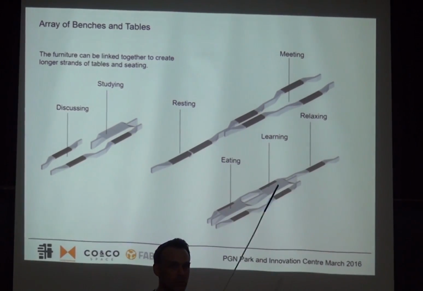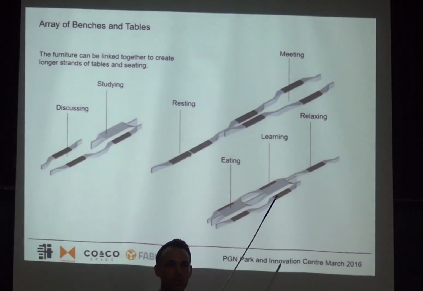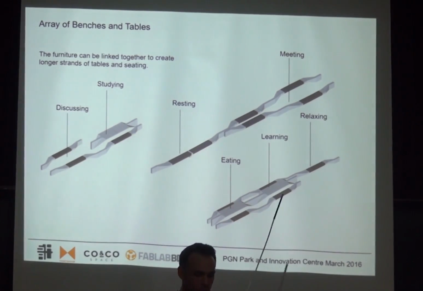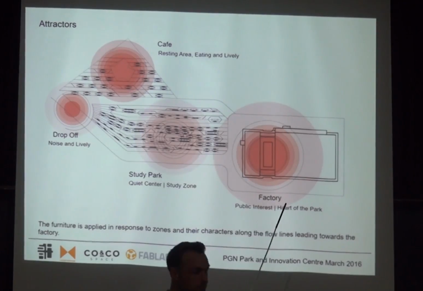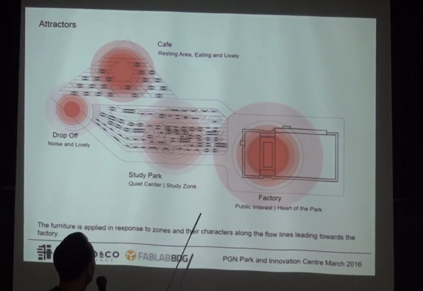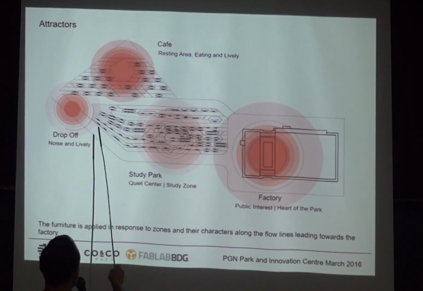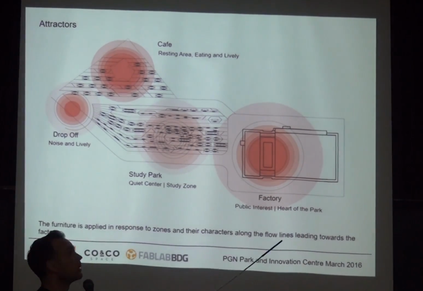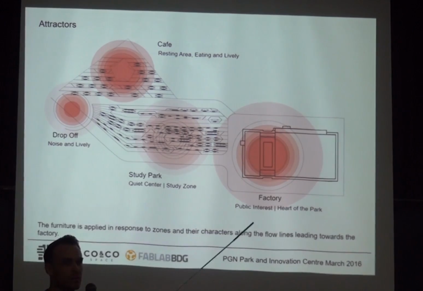So we try to really start programming this whole part in terms of where what should happen. So we made this sort of heat map where we say, okay, we have the drop off. That's a noisy zone. We have the cafe. It's also noisy or not a lot frequented.